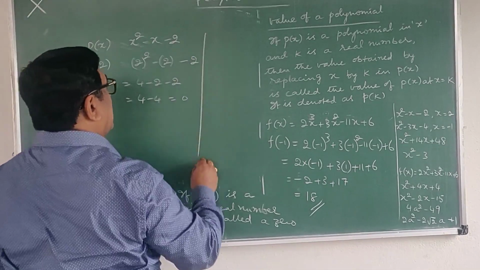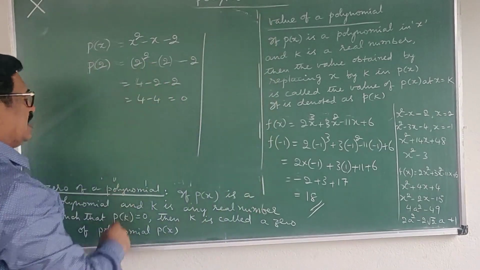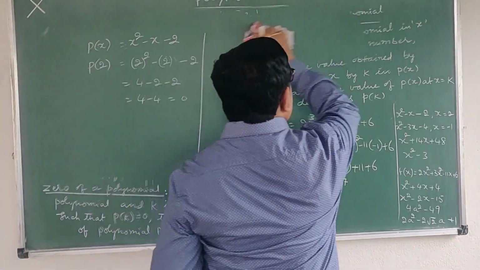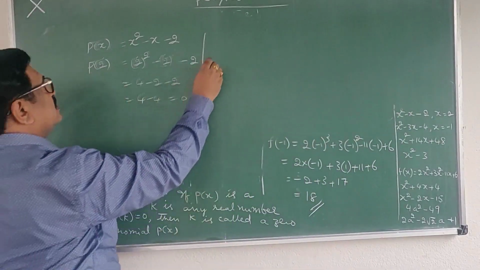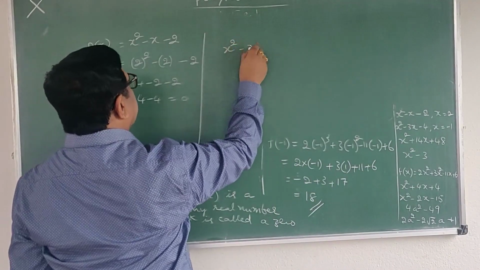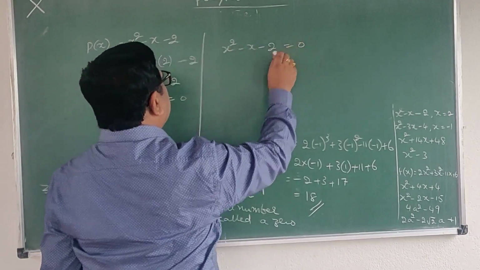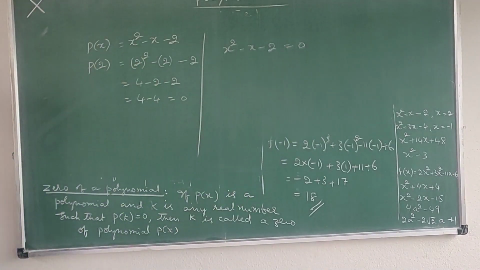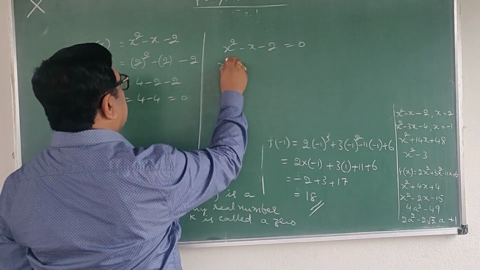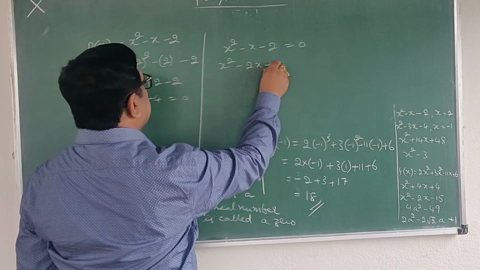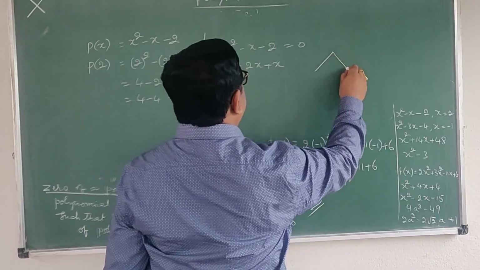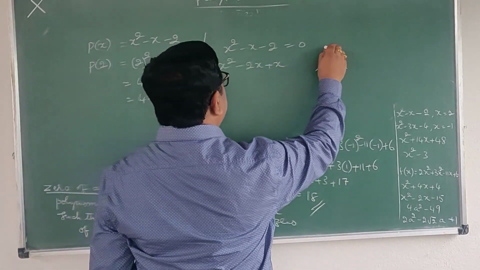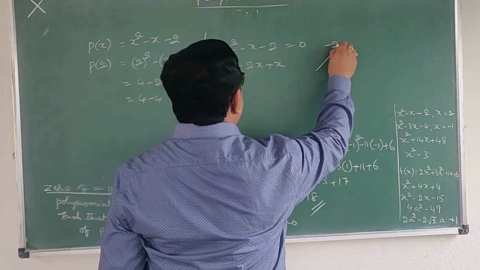Now, in fact, if you consider this as a quadratic equation, say x square minus x minus 2 is equal to 0. You know how to split the middle term and factorize. When you multiply the first term and the last term, minus 2 into x squared gives minus 2x squared.